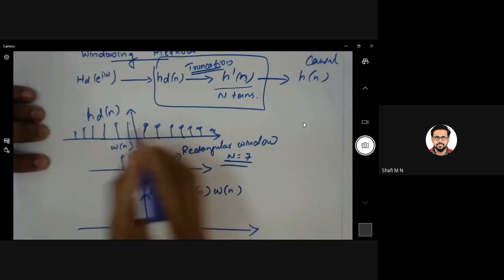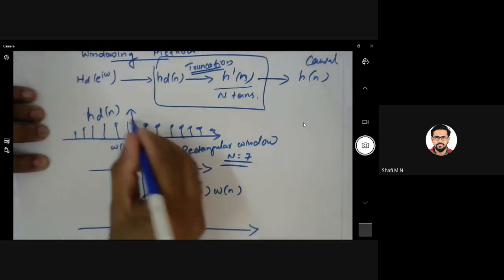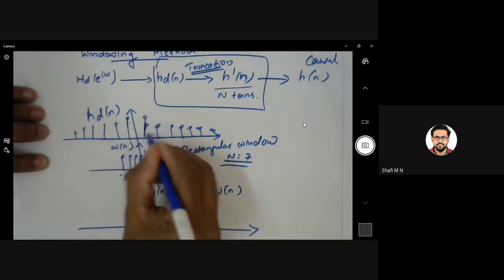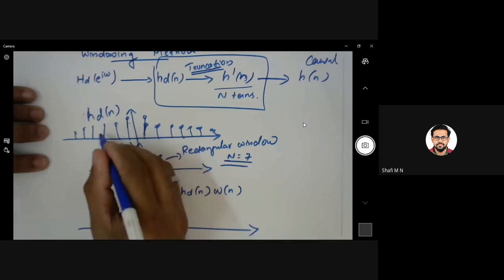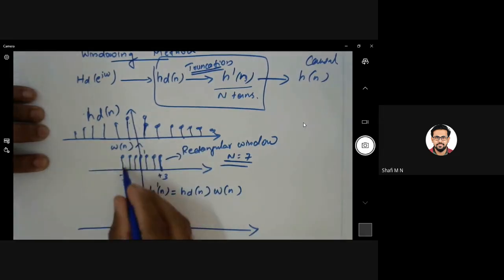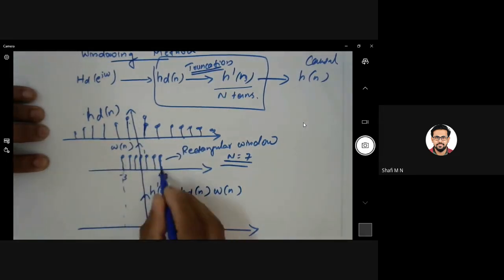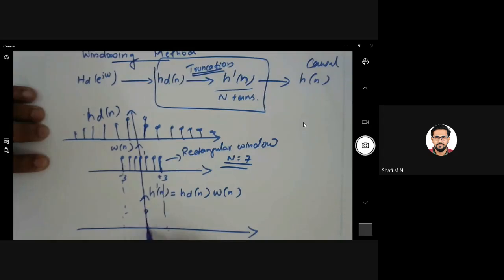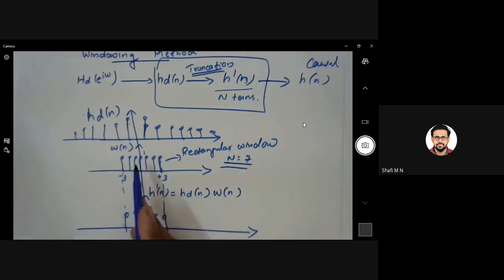So how will the figure look? This will have some values according to your design, the inverse Fourier series equation. Those values will be kept as such in this span. If these were the previous values, you will get exactly those values because you are multiplying with 1.